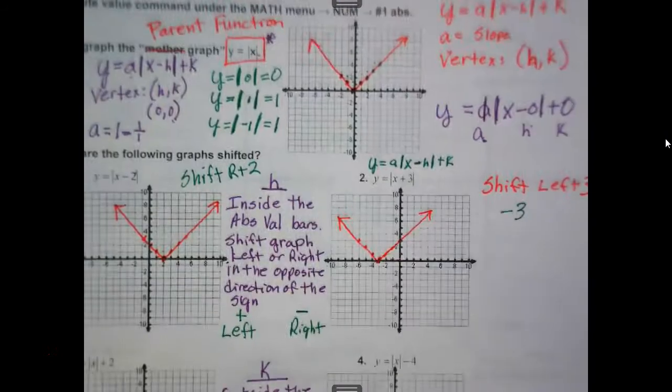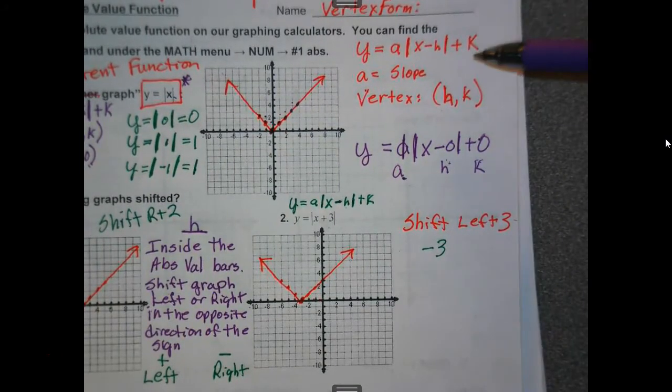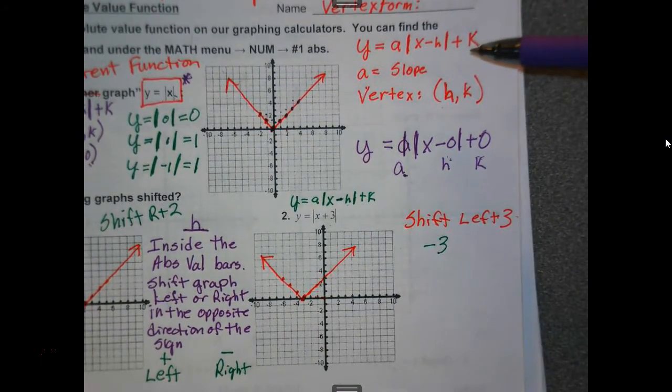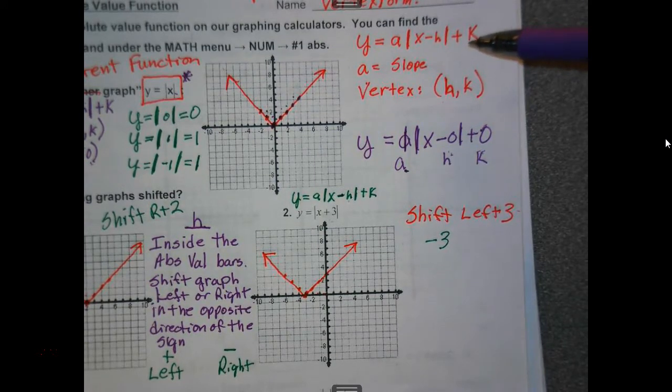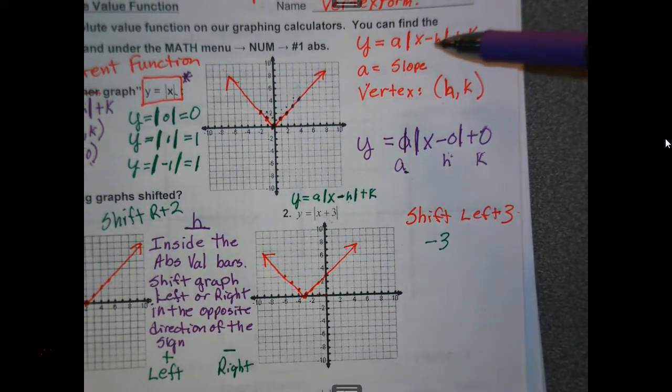In my formula, k is positive. So I don't have to worry about switching the sign. I can just follow the sign, right? It shifts this up or down the same as the sign because I don't have to change it to minus.